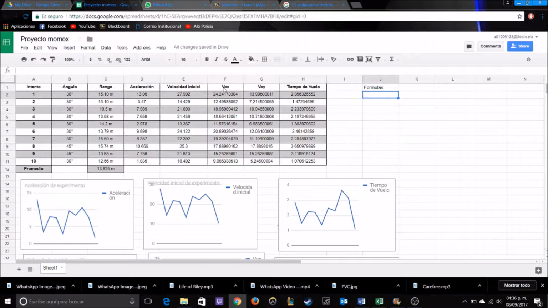We obtained its components in x and y. We also obtained its flight time, and now our results are going to be these ones as obtained.